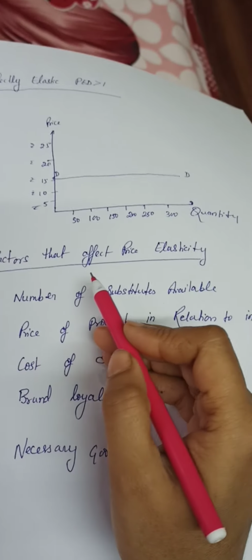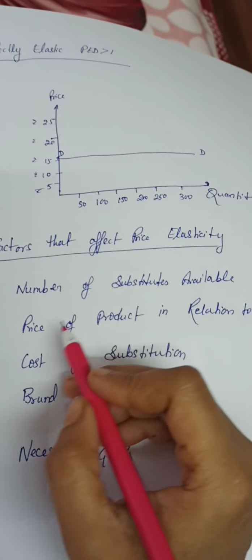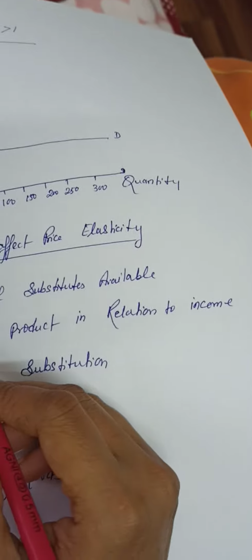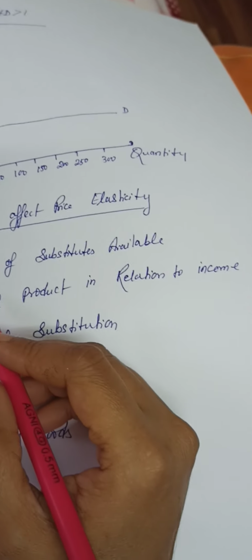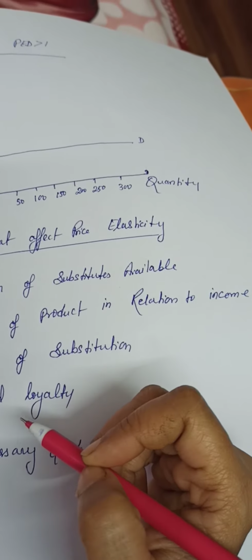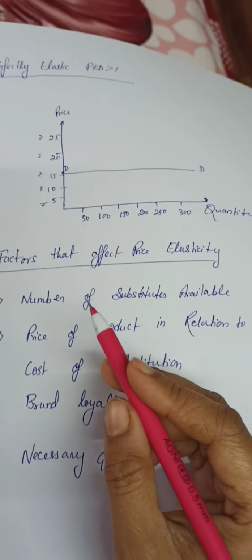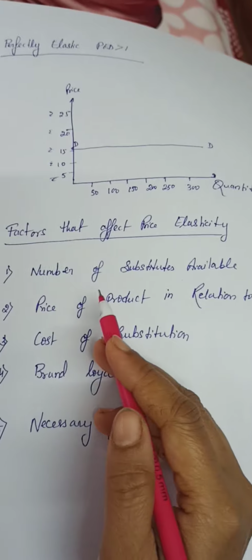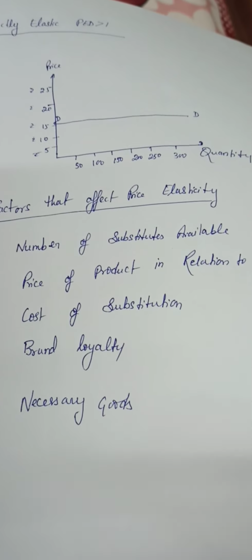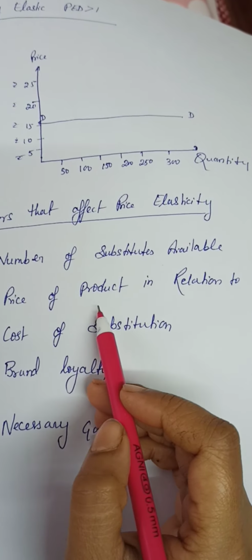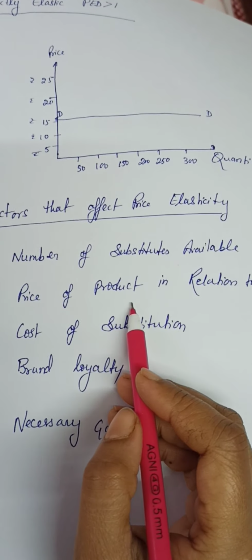Now, factors that affect the elasticity. Now you are very much familiar with the coefficient of the price elasticity of demand. Let us understand the factors that affect the elasticity of demand. Number 1, number of substitutes available.